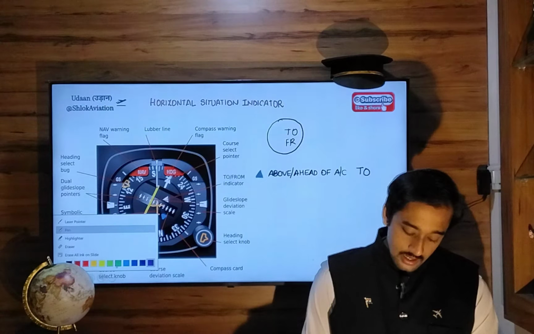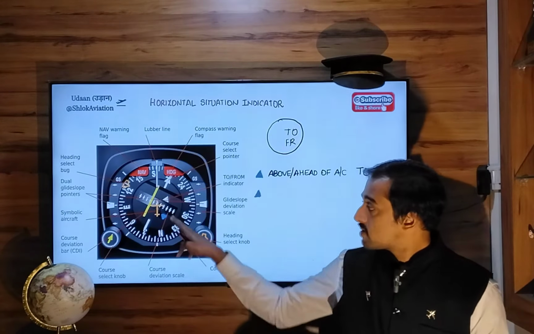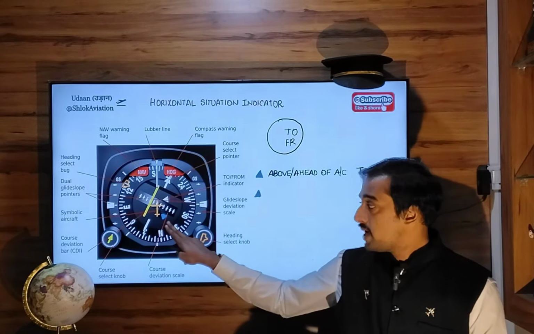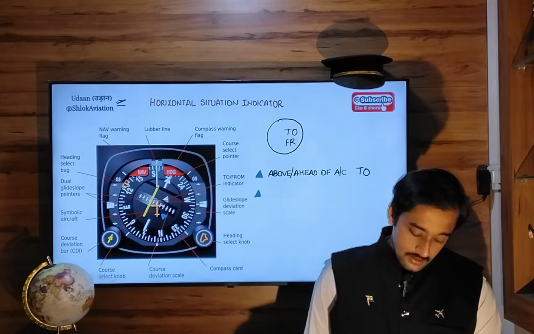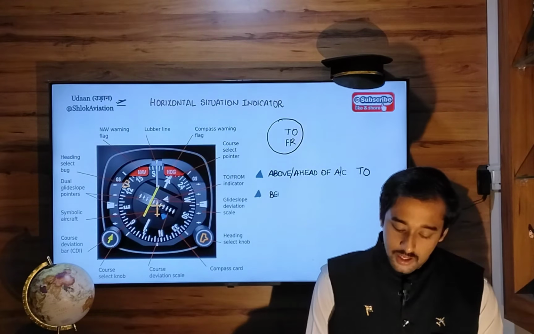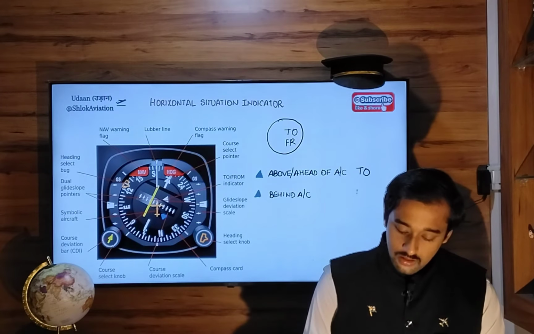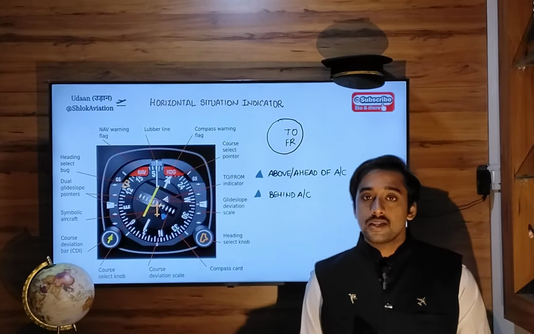If this triangle is behind, this is ahead, this is behind. If it is behind aircraft symbol, that means it is from. The meaning of that is from.